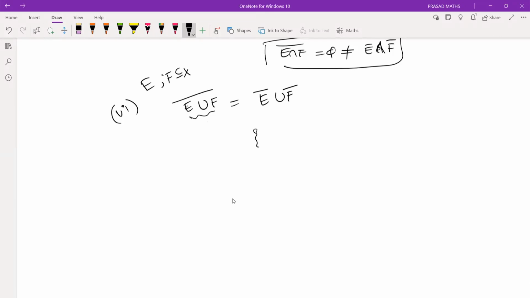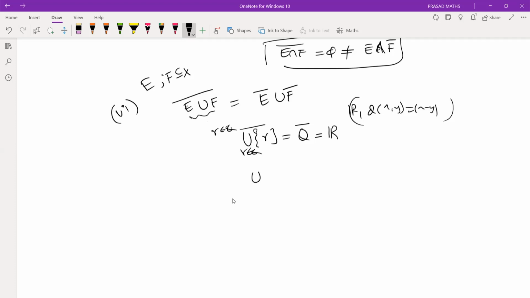You take again any singleton {r}, r with respect to the usual topology. You take any r that is rational. The union of these over Q is nothing but the rationals. The closure of this is nothing but the closure of Q, which is R. But the union of the closures is the union of the singleton {r} closures.